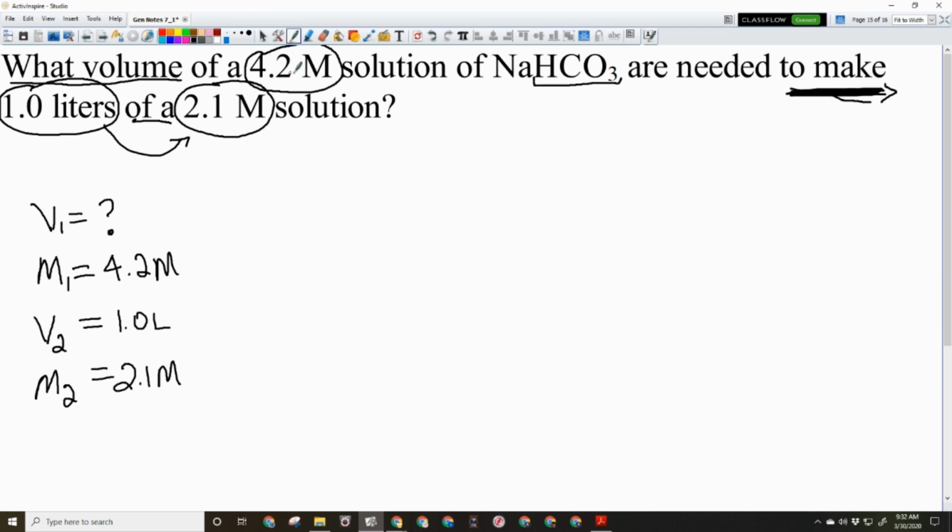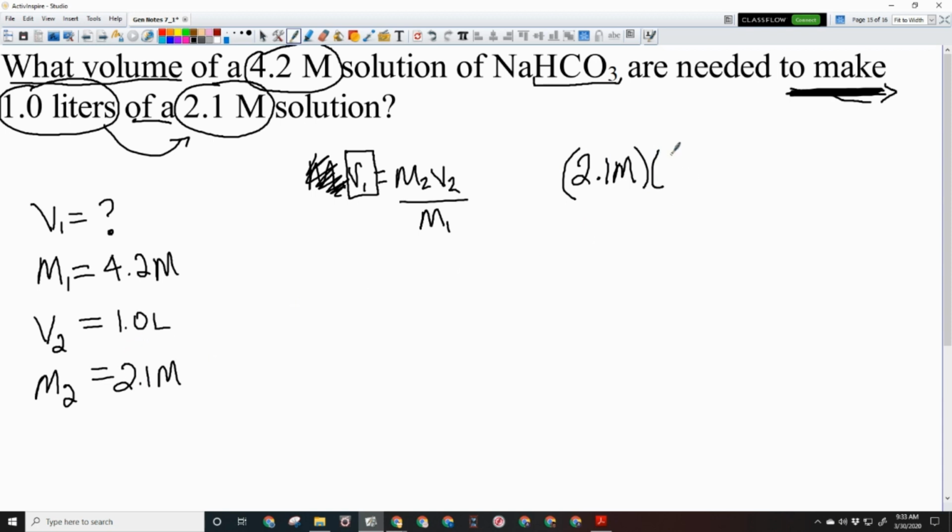What is the volume of a 4.2 molar solution that's needed to make this? All right, so M1 V1 is equal to M2 V2. We're looking for V1 again, so we're going to lock that down. We're going to move the M1 down here. There's our formula. So now we can plug in M2, 2.1 molar, times V2.